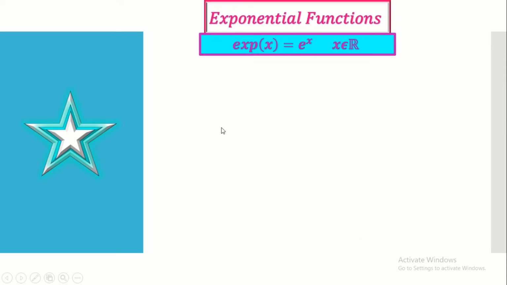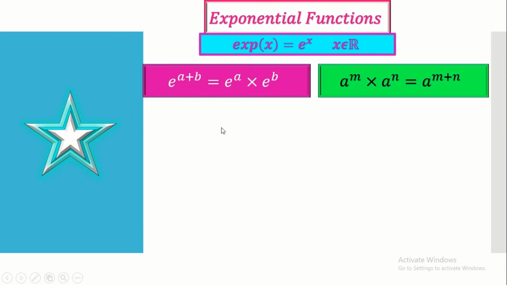More properties about exponential functions. Since the exponential function is written as e to the power x, all rules of power can be applied to the exponential functions. So we can have exp(a + b) equal to e^a times e^b, since the rule of power a to the power m times a to the power n is equal to a to the power m plus n.